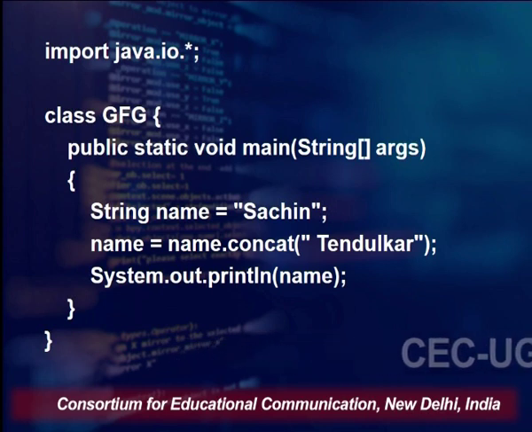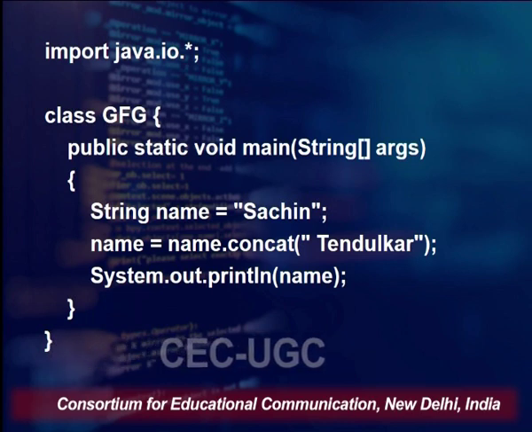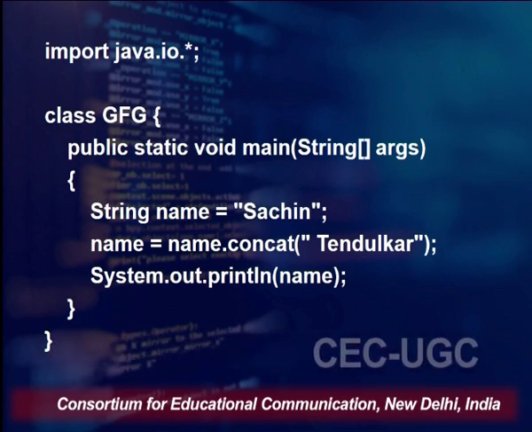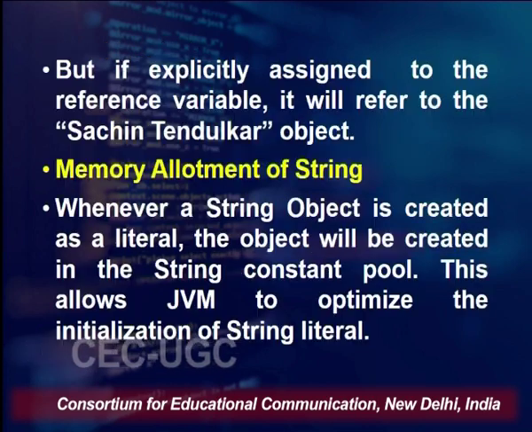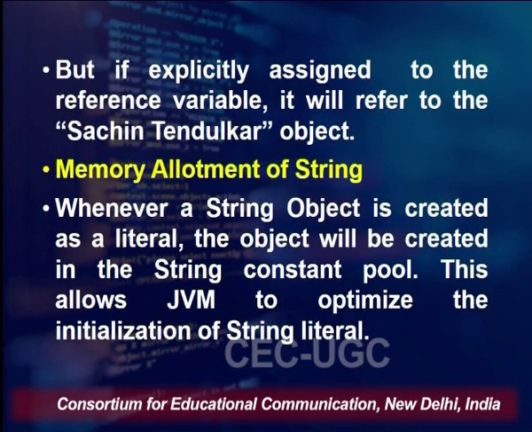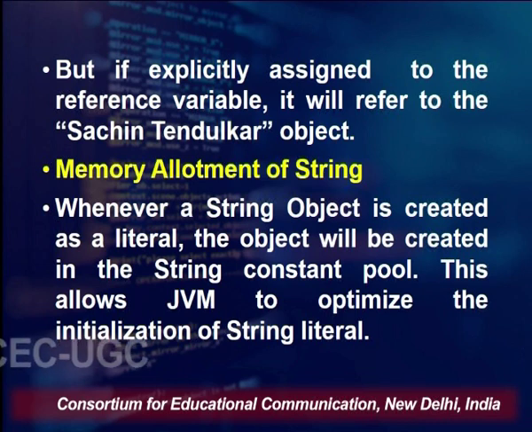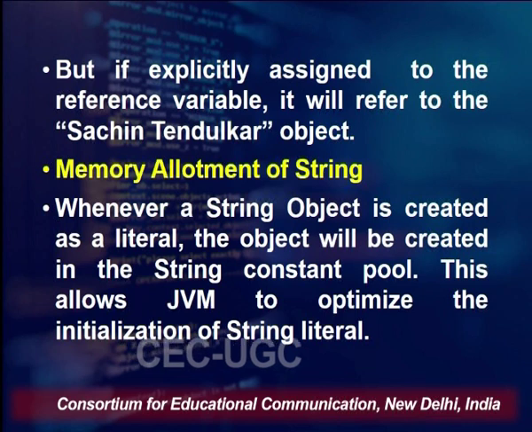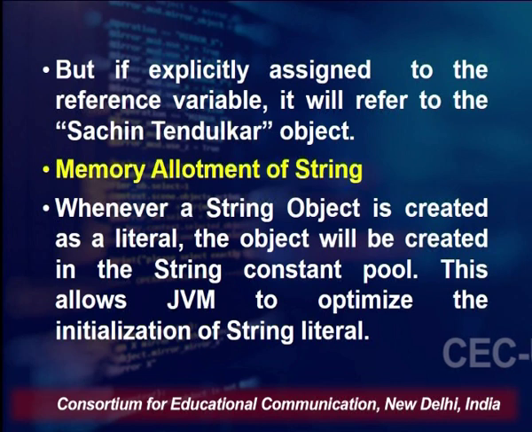Here we have changed name from pointing to Sachin to pointing to Sachin Tendulkar, the new string which we just created with the help of concatenation. So, here we have explicitly assigned to the reference variable, and it will refer to the Sachin Tendulkar object, not to Sachin, because we have changed that assignment.